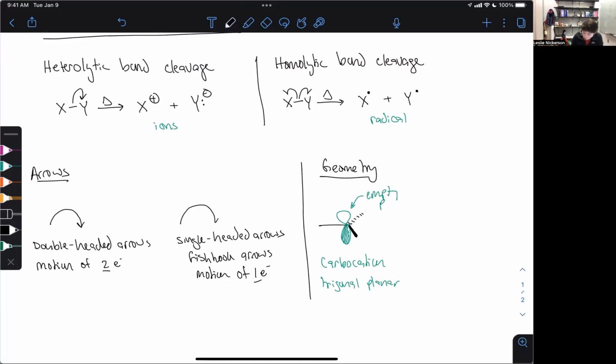A radical is very similar to this. It definitely has more characteristics of the trigonal planar aspects than the pyramidal shape that carbanions have. Fix my angles here. That was really bad.